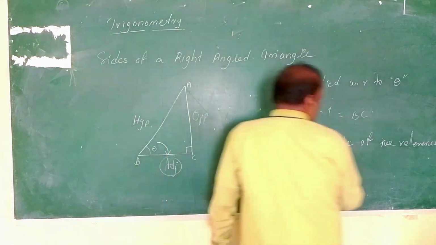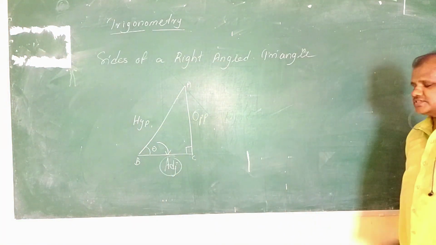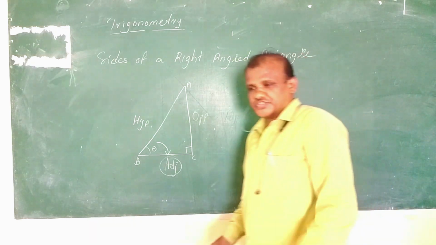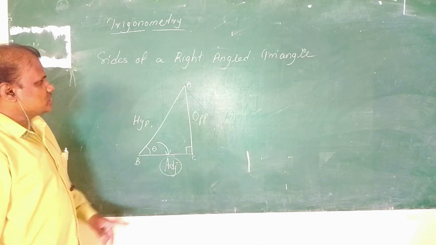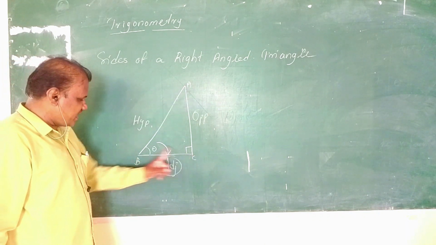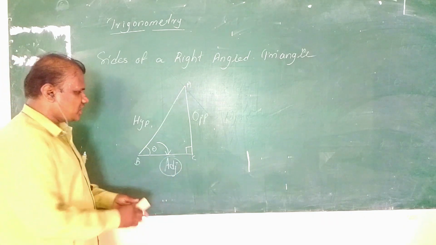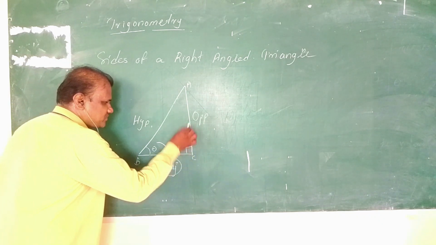So what is meant by a right angle triangle? It is a polygon with three sides in which two sides are perpendicular to each other. Those are the sides AC and BC, the two sides making 90 degrees with respect to each other.